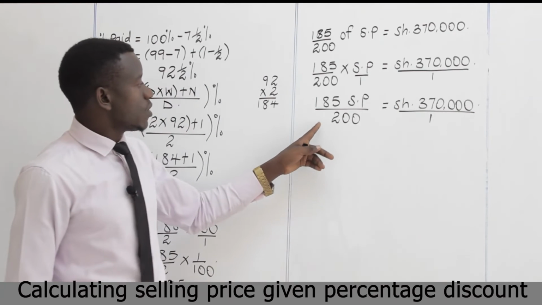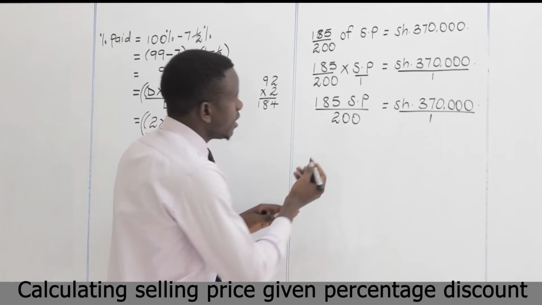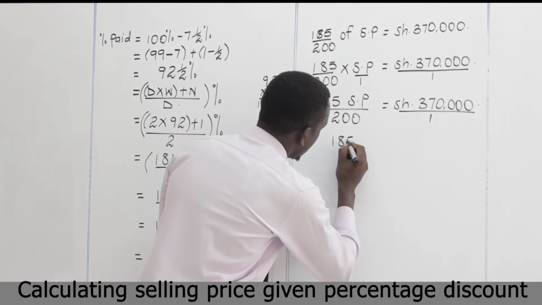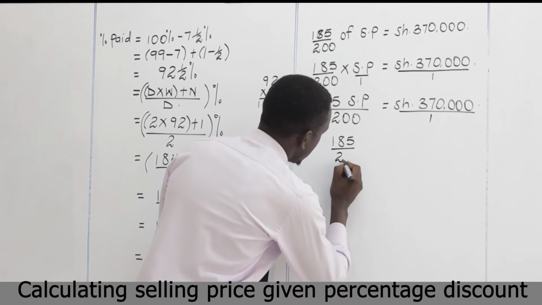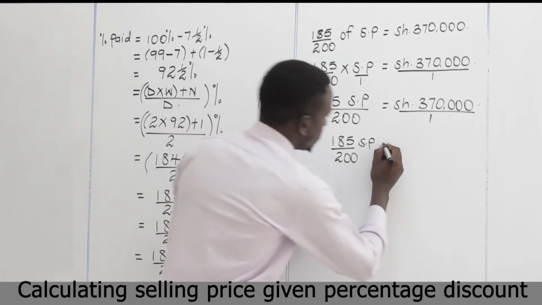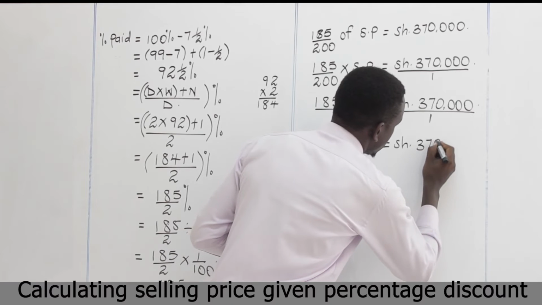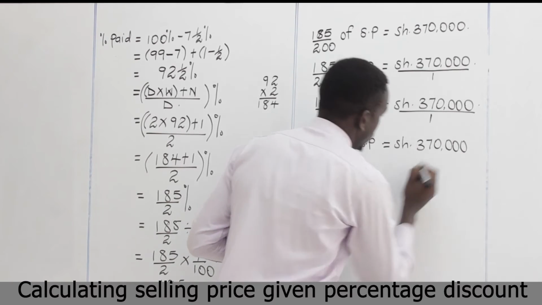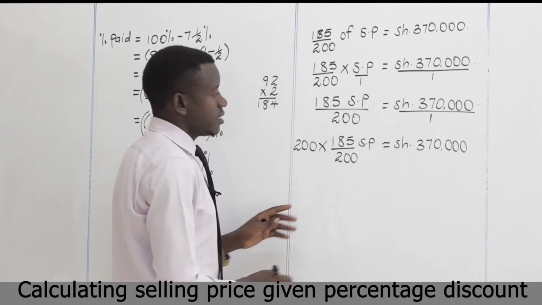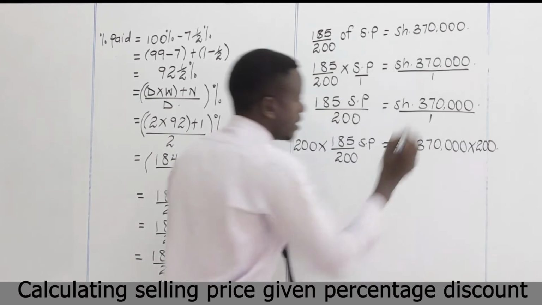So at this time, we are going to eliminate 200 as the denominator. So we shall have again our step here, where we are going to do the elimination. Selling price then is equal to 370,000. So we shall multiply by 200 this side and again 200 this side.